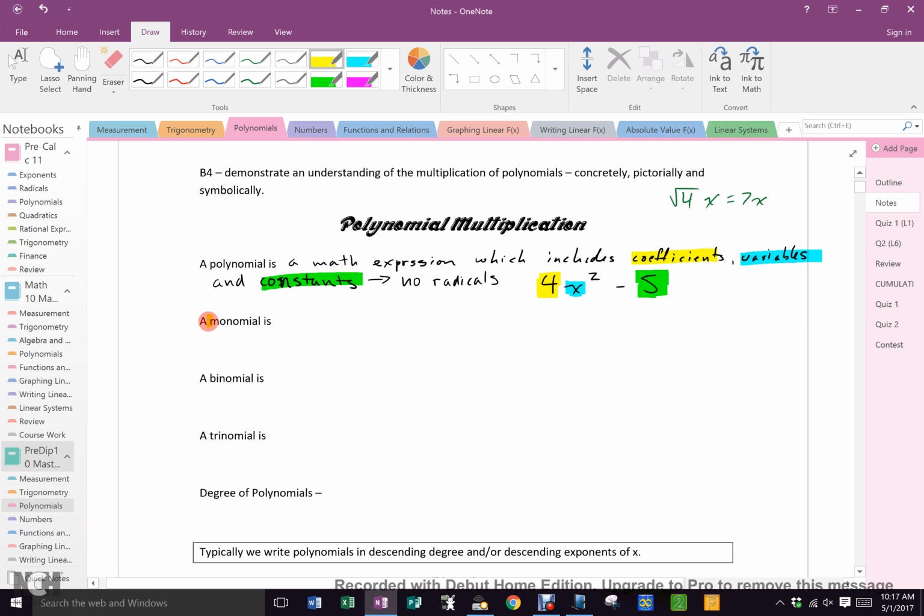A monomial. I'm going to highlight that because that's a word I will be using constantly. We've already used it this year. A monomial is any single coefficient, variable, or constant.